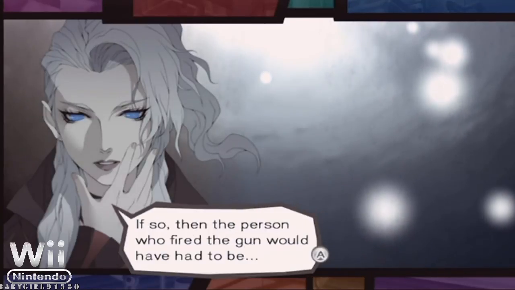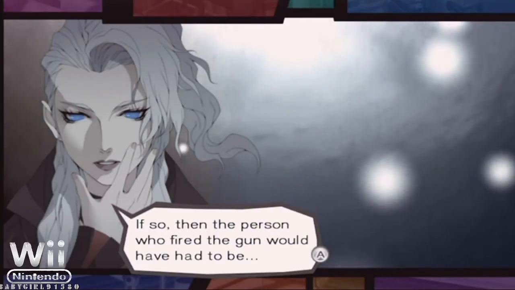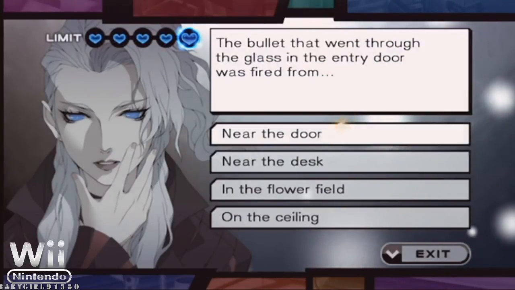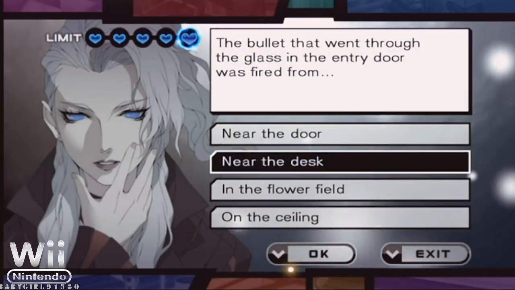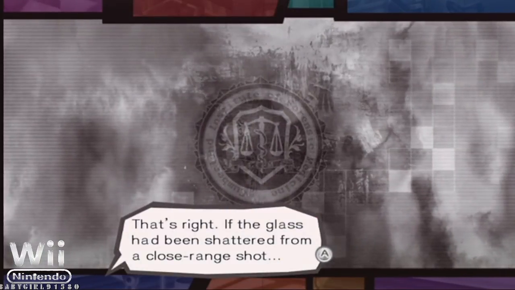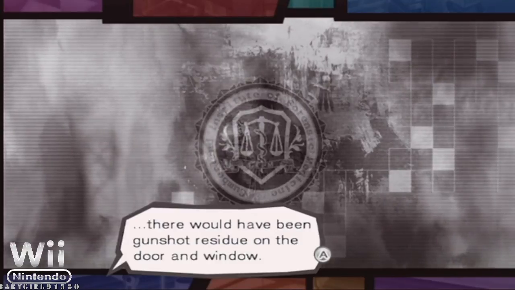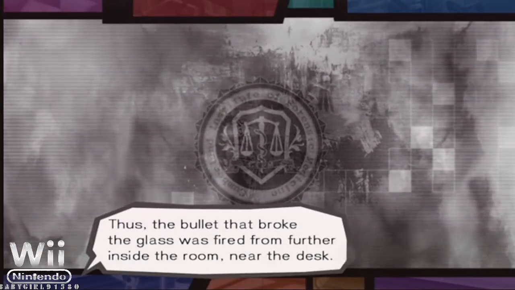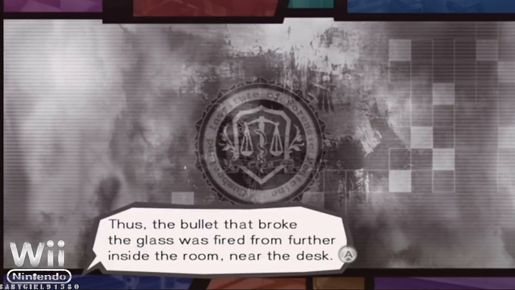If so, then the person who fired the gun would have had to be... That's right. If the glass had been shattered from a close-range shot, there would have been gunshot residue on the door and window. Thus, the bullet that broke the glass was fired from further inside the room, near the desk.